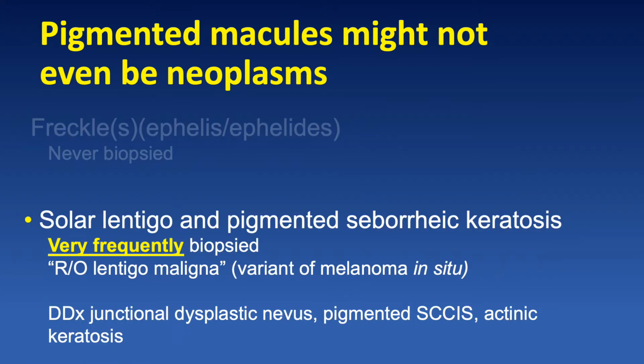In contrast, solar lentigo and pigmented seborrheic keratosis are very frequently biopsied. Sometimes it seems like more than half the pigmented lesions that are submitted to my daily practice are one of these, frequently to rule out melanoma in situ, particularly lentigo maligna on chronically sun-damaged skin.